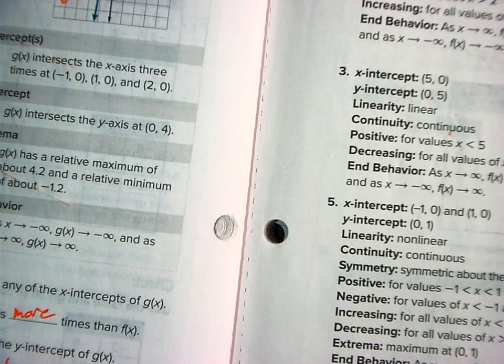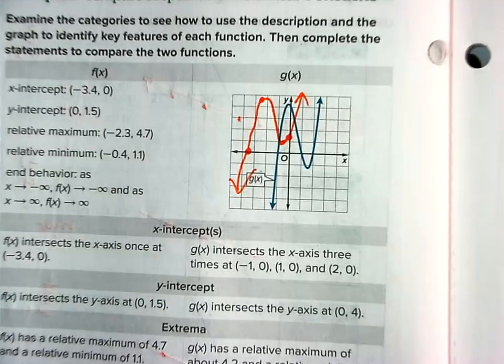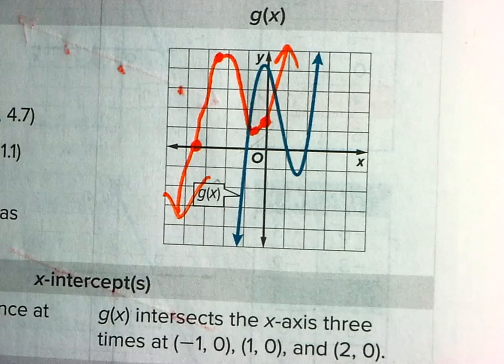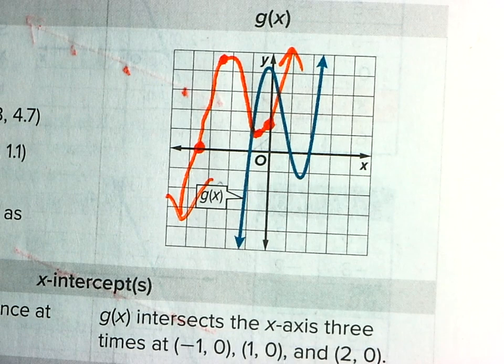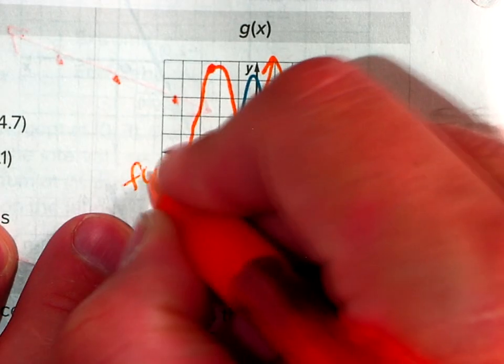All right, let's answer these questions at the bottom, please. The x-intercept of f of x. So I'm going to actually put the graph up there so we can look at our graph and answer our questions based on the graph. And remember, the orange one is f of x. I will actually even write that for you so I don't get confused. F of x.